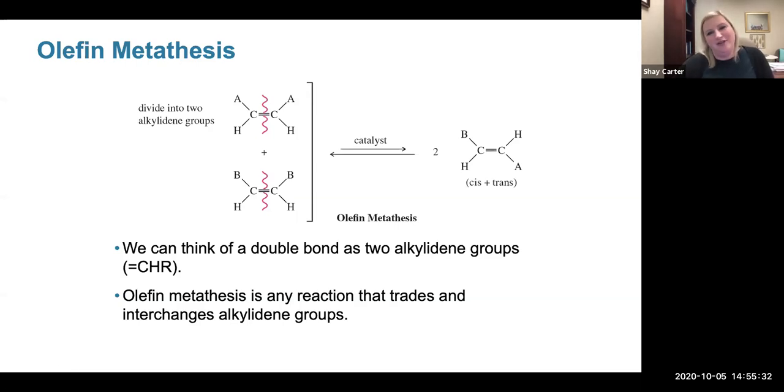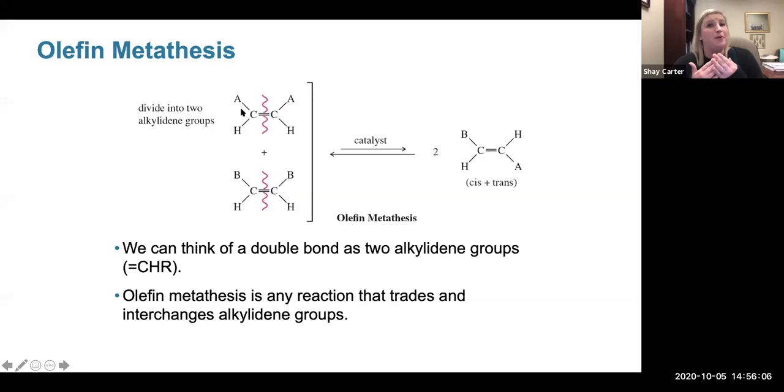Remember back from general chemistry, we talked briefly about metathesis reactions. Metathesis is like trading partners at a square dance, okay? That's all that metathesis means. It means to trade partners, and that's exactly what can happen in an olefin metathesis reaction. So olefin is an alkene, and an olefin metathesis reaction is where we use a catalyst, and we end up with one side of our double bond connected to another side of a partner's double bond.